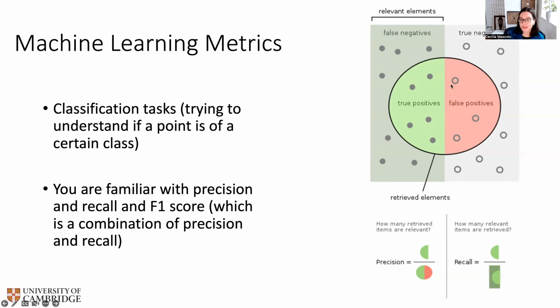The green refers to being positive, and the non-solid dots indicate negatives. The circle here indicates all the points that the machine learning method defines as positives, and outside the circle is everything that the method decides to be negative.